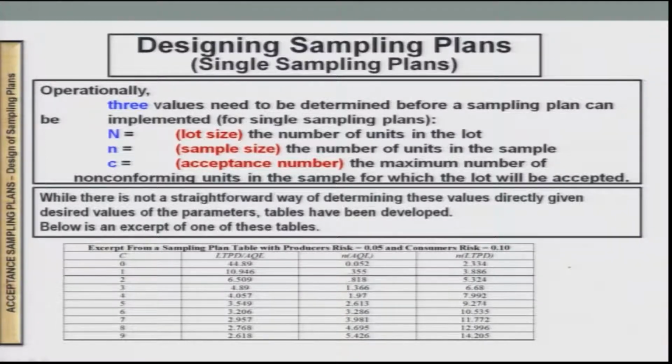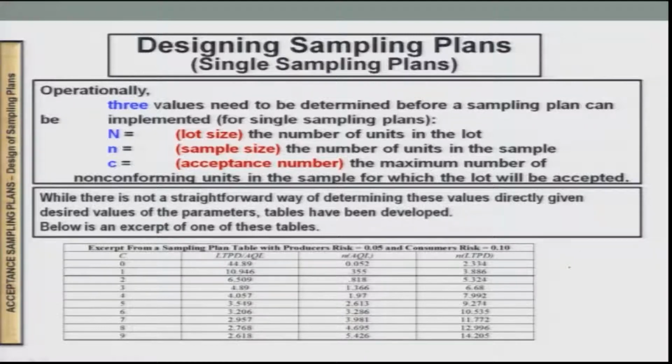The table gives you 4 columns. Column 1 is the value of C, the number of defects. Another value is the ratio of LTPD to AQL. You can also have 2 different columns to find the LTPD and AQL values, which give you information about alpha and beta, or the producer risk and the consumer risk.